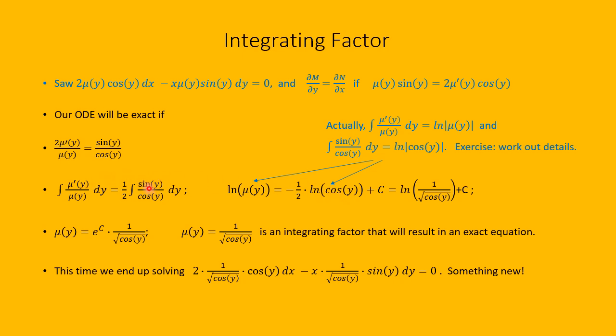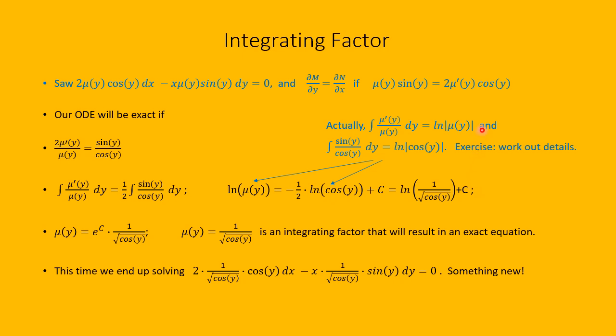So integrating both sides of this equation, we get log of mu equals minus 1/2 log of cosine of y plus an arbitrary constant of integration, which is equal to the log of 1 over the square root of cosine of y plus a constant of integration.